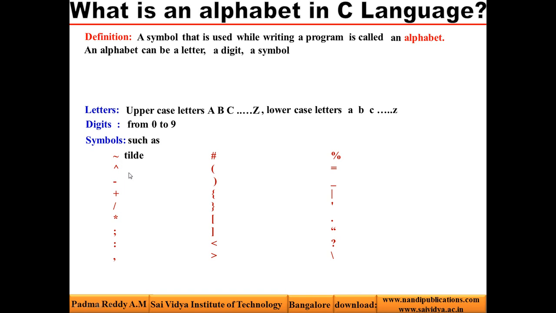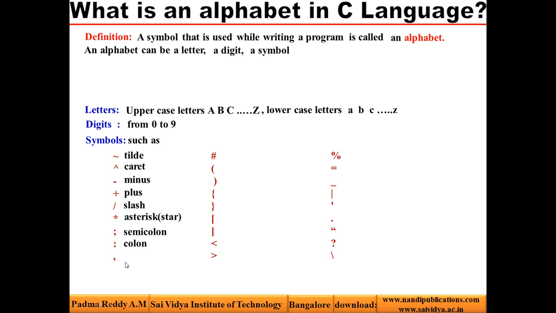This symbol is caret, C-A-R-E-T. This symbol is minus. The name of this symbol is plus. The name of this symbol is slash. The name of this symbol is asterisk. It is also called star. The name of this symbol is semicolon. The name of this symbol is colon.